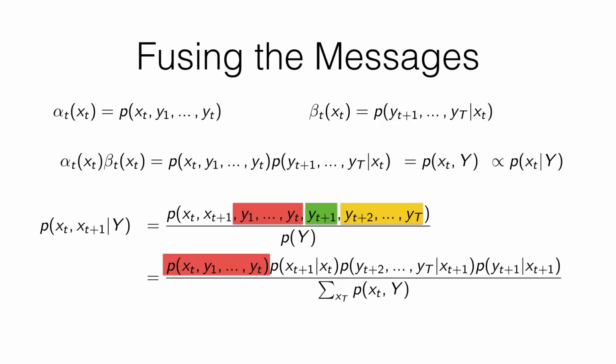Then we have the transition probability to get to the next state from xt. And then we have another expression, the probability of y from t plus 2 all the way to capital T, which is the future evidence of the next step.